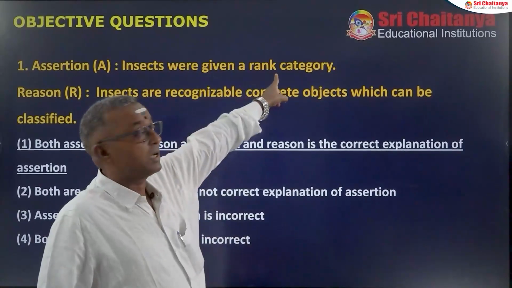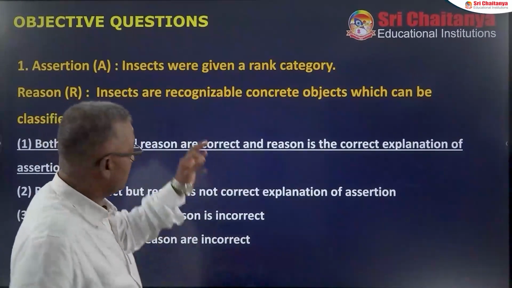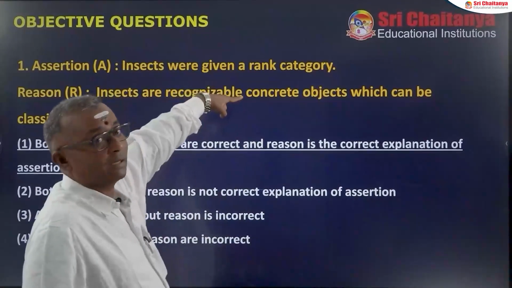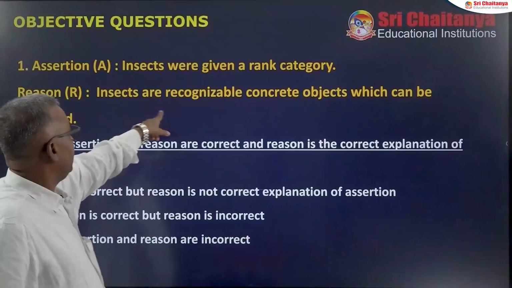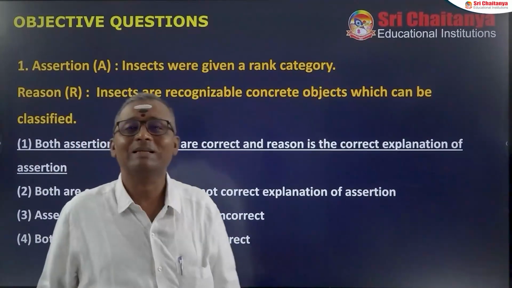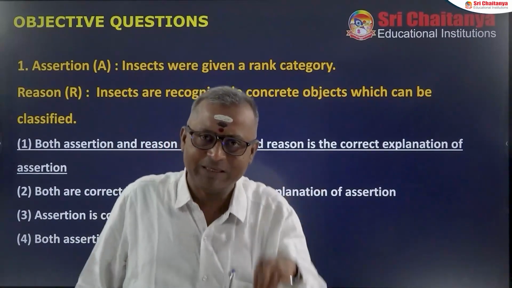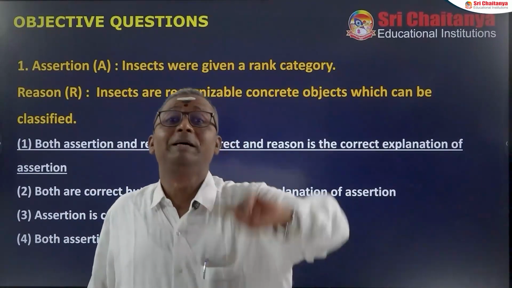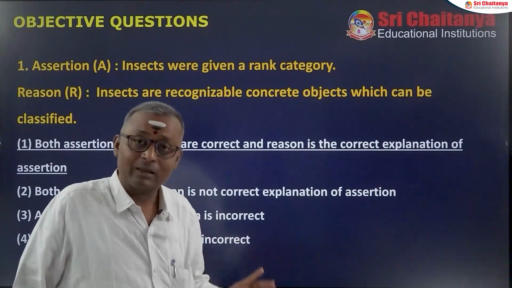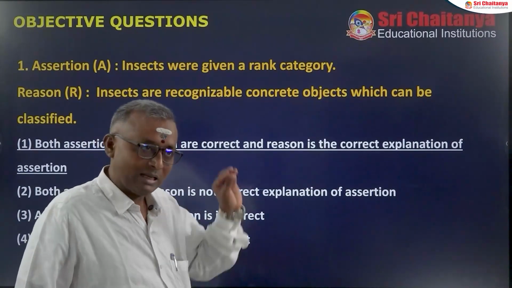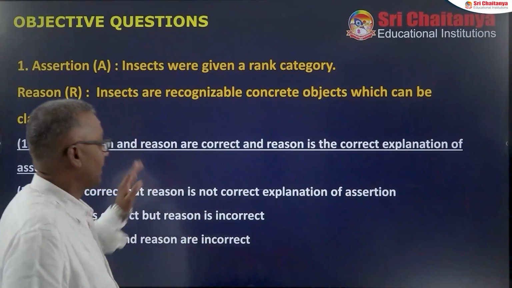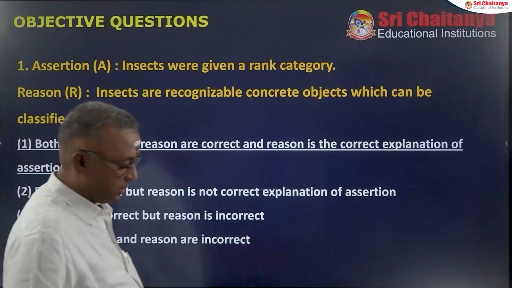So, it is absolutely correct. The reason: insects are recognizable concrete objects which can be classified. That means they have specific characteristics which cannot be seen in any other organism, so they can be known as a category. Both assertion and reason are true and the reason explains the assertion. So, this is the first question.